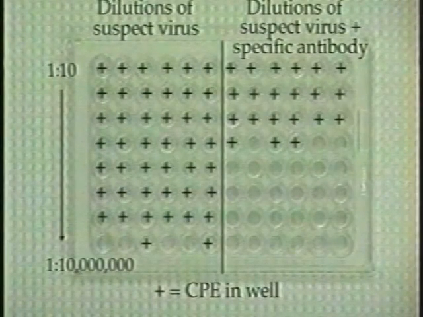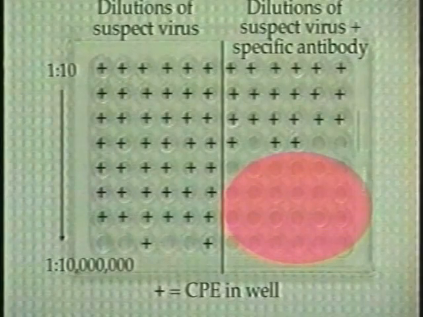If the antibody is specific for the virus, the virus will be neutralized and a significant reduction of CPE will be observed. However, this method is time-consuming, and other procedures like the fluorescent antibody technique, the ELISA, and the polymerase chain reaction are more rapid and becoming routine.